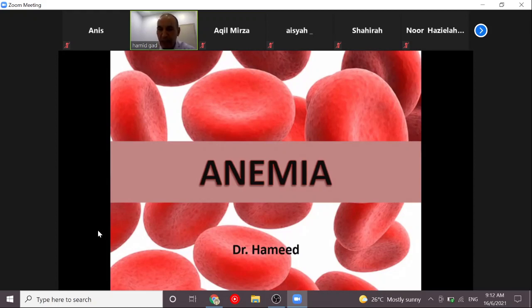So when we say anemia, we are talking about the hemoglobin. Anemia by definition is a condition when there is low hemoglobin concentration. Clear? So when we find the hemoglobin is lower than normal, we say this patient has anemia. So the first thing in anemia, you must know the definition of anemia.